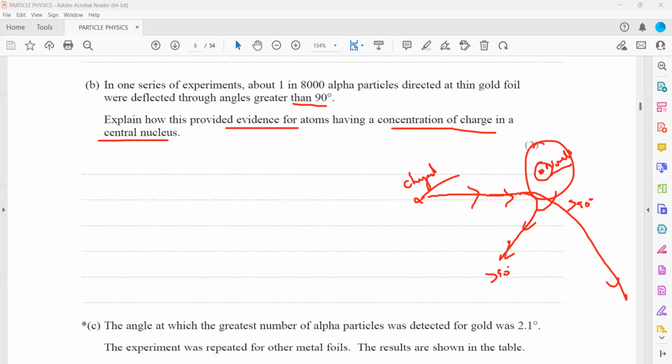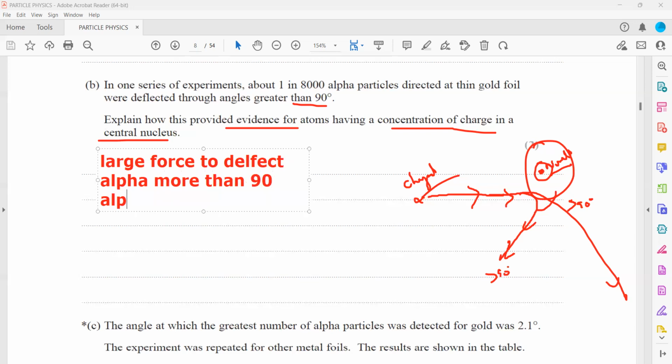So in your answer, you need to mention that a large force is needed to deflect alpha particles by more than 90 degrees.